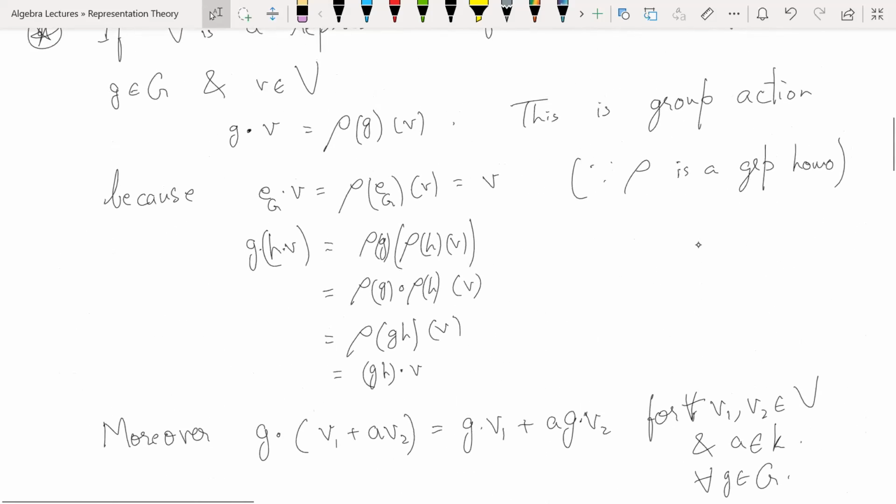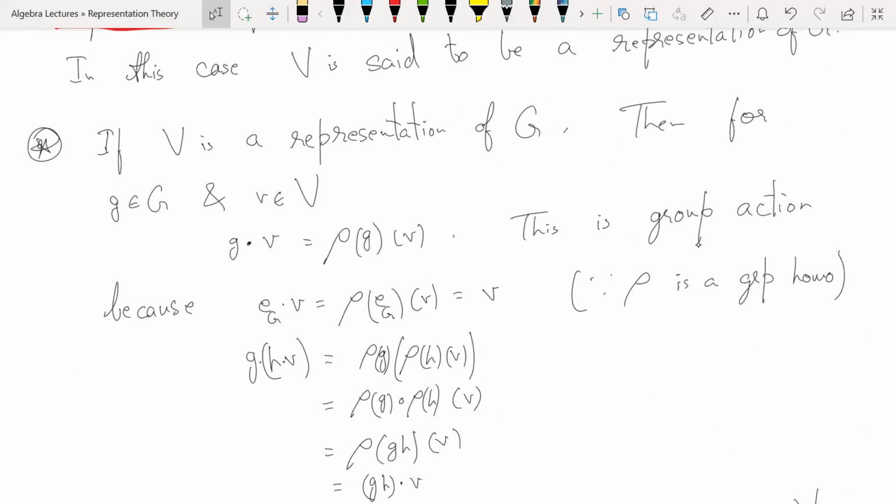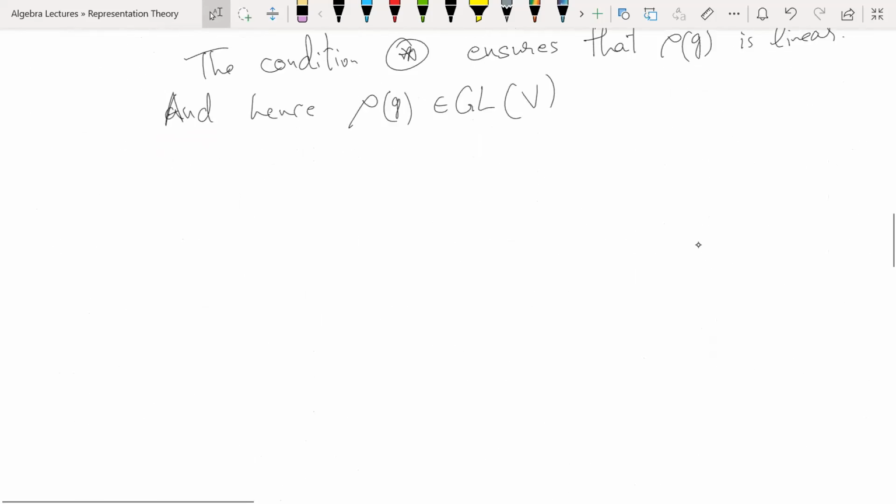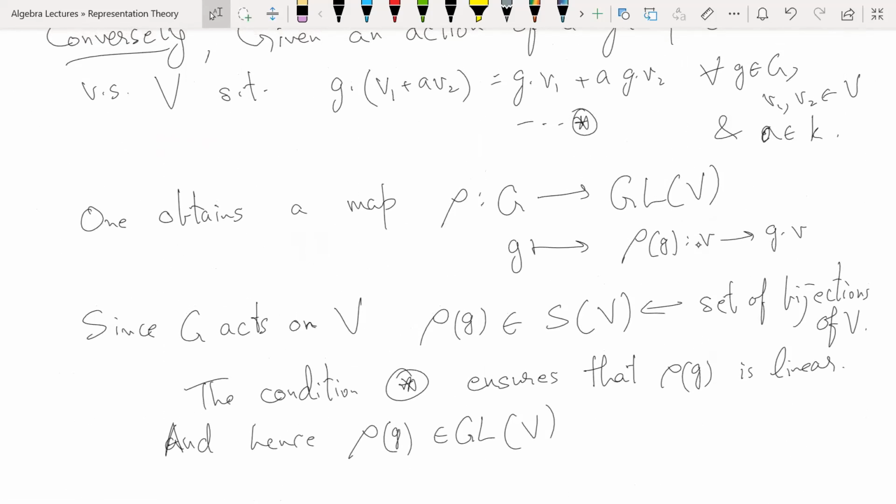One is you just think of it as a group homomorphism from G to GLV, which we are calling the definition. Or you can think of it as a group action where the action is linear. The action map induces a linear map on V. Okay, so either way is fine.